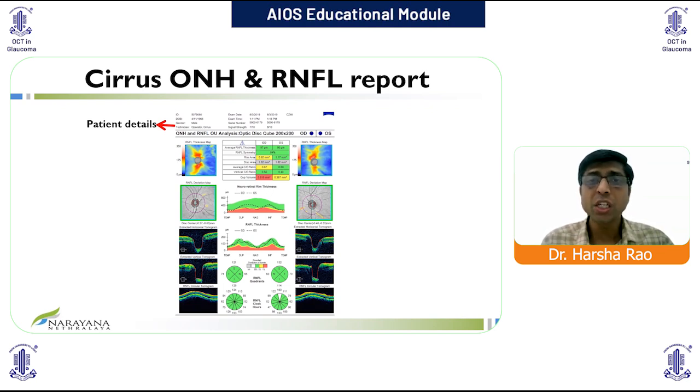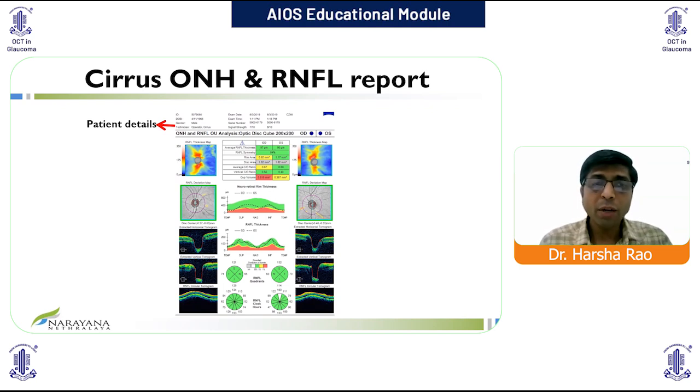In addition to age, the other most important parameter here to pay attention to is the signal strength. If you can see here, the signal strength of the right eye is mentioned as 7/10 and of the left eye as 8/10.